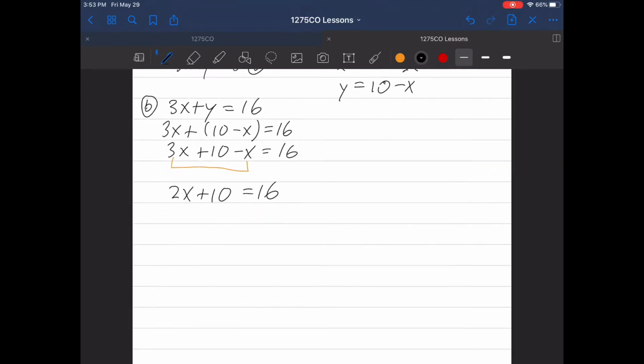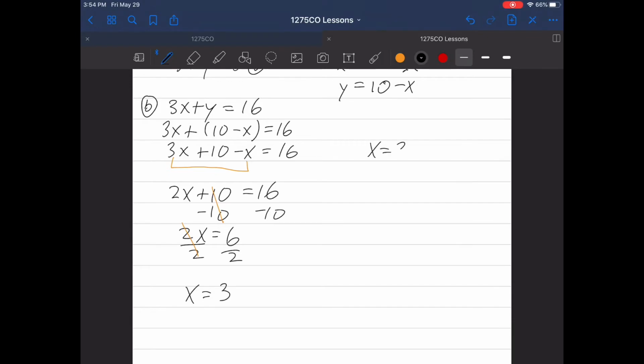This is a fairly simple, but more importantly, solvable equation that will let us get a value for x. 2x is equal to 6 after we subtract 10 from both sides. Divide by 2, and that means x is equal to 3.